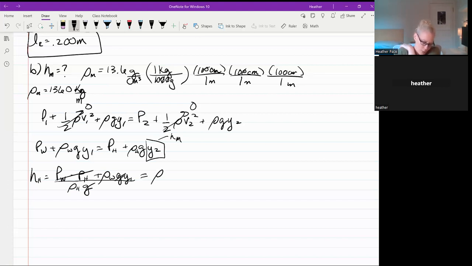And so we end up with rho of water Y1 equals rho of mercury H. We found Y1 in A. So that is the height or the length of the water in the column.